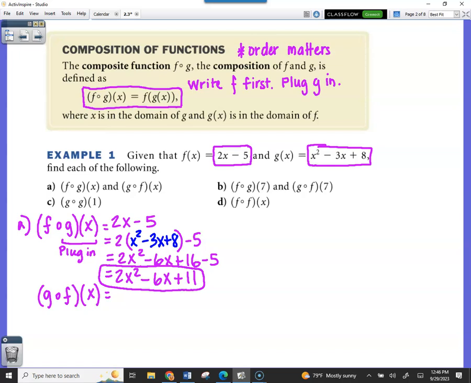Now we're going to repeat, but we're going to change the order, which means we're going to write G first, then beep the x out, and then plug F in. So G is x squared minus 3x plus 8. I'm going to beep out the x. So beep squared minus 3 beep plus 8.